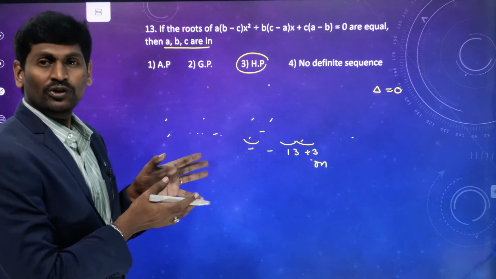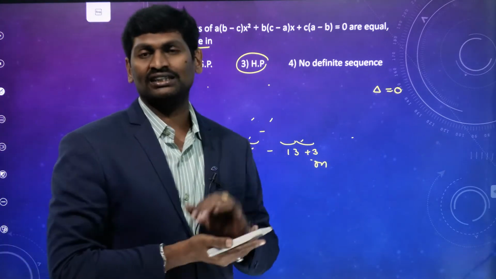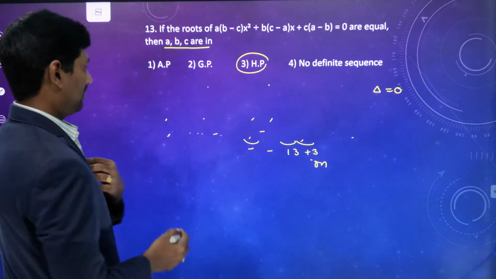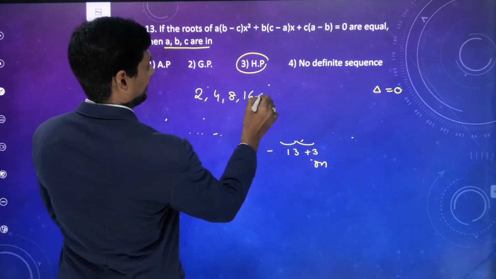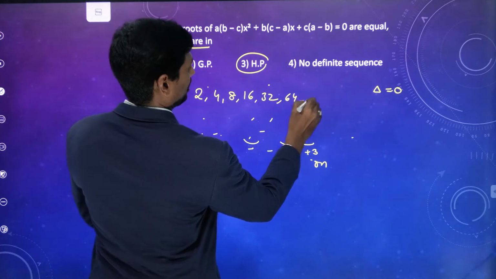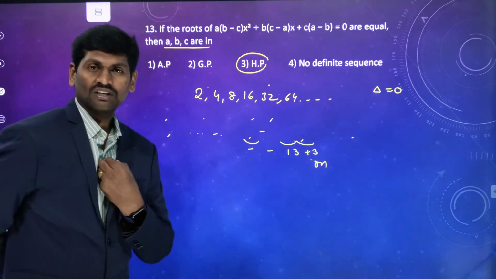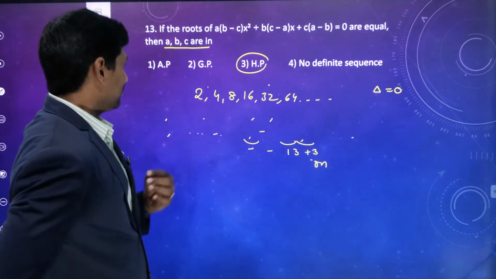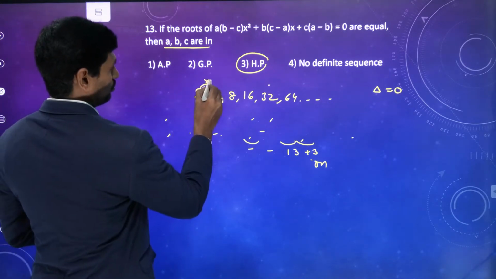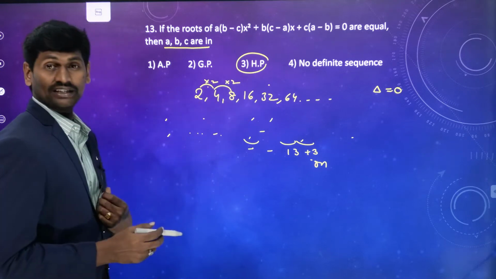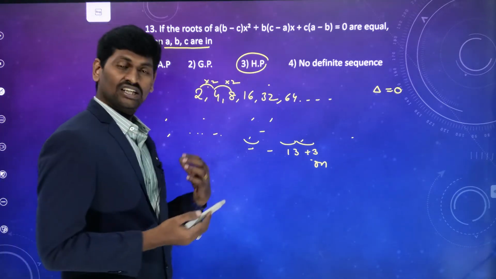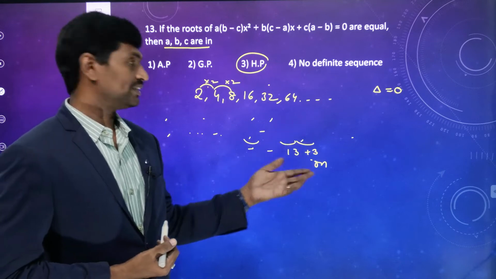But geometric progression means multiplying by a fixed number, like 2, 4, 8, 16, 32, 64 and so on. Check here. 2 multiplied by 2, 4 will come. Again multiply by 2, 8, 16, 32, 64.